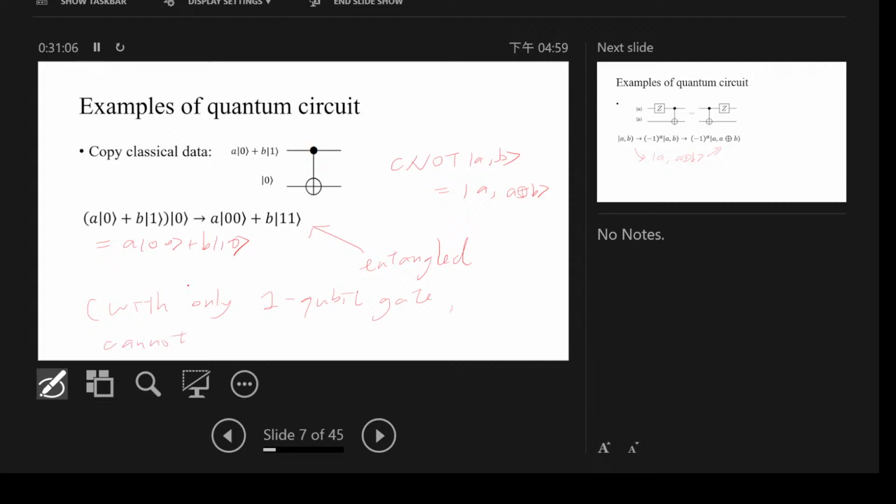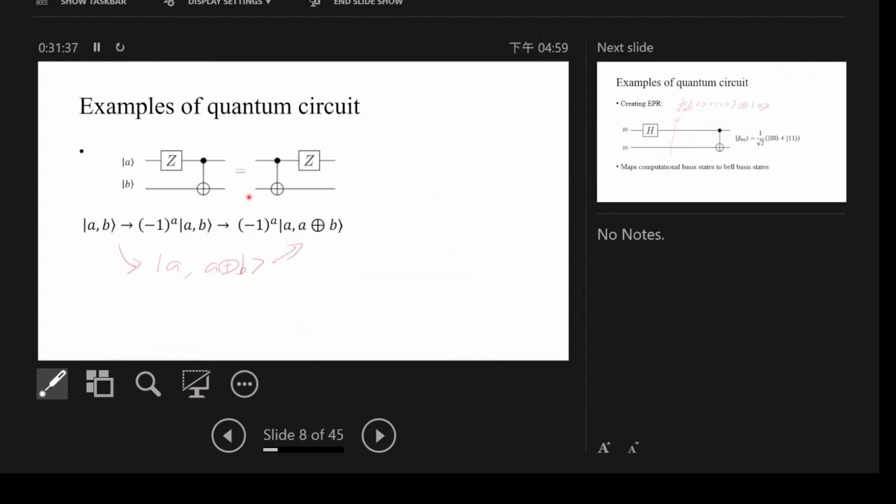Okay, it's quite obvious, because you have a tensor product of states and you only apply one-qubit gates, so you still have a tensor product with the other states. So if you want entanglement in your quantum circuit, you must have a 2-qubit gate, and the gate that people use most often is this CNOT gate.